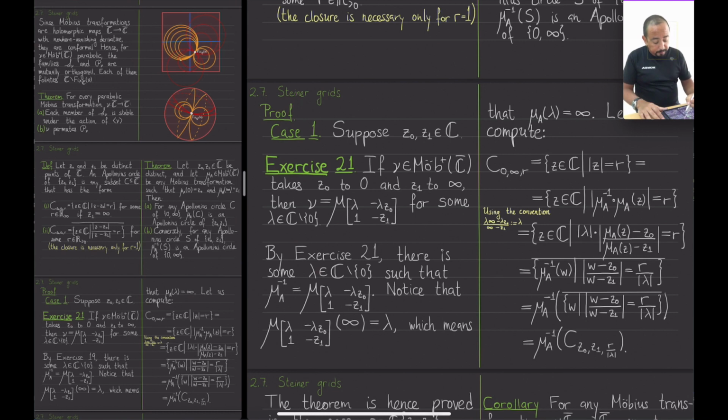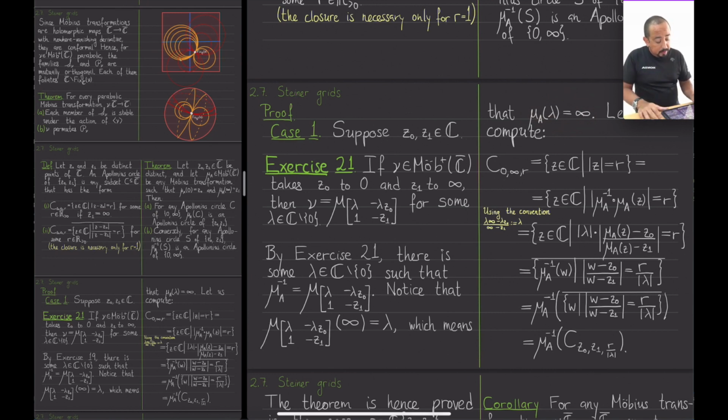And for instance, this desired form automatically tells you that mu A inverse maps infinity to lambda. In other words, mu A of lambda is infinity. And here you see how to determine this lambda in the exercise, because it's the preimage of infinity.